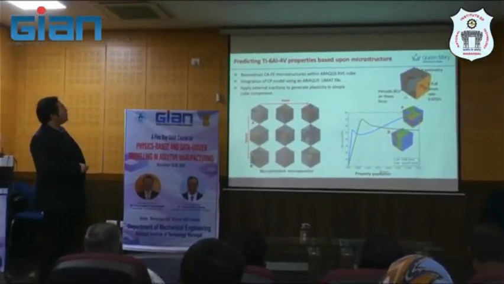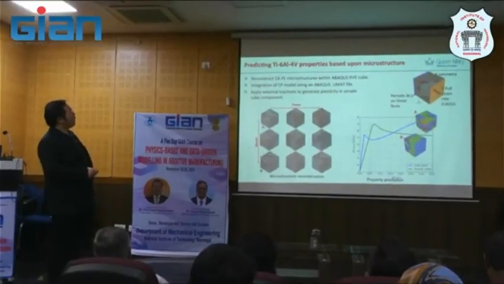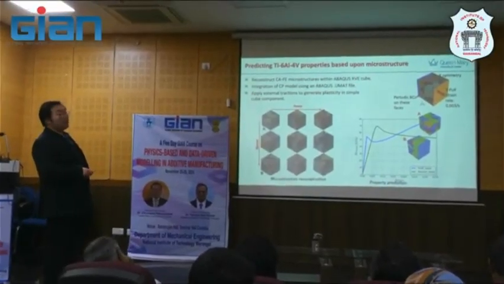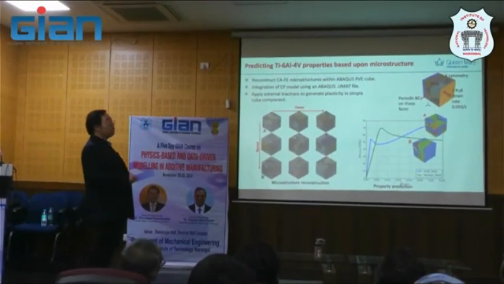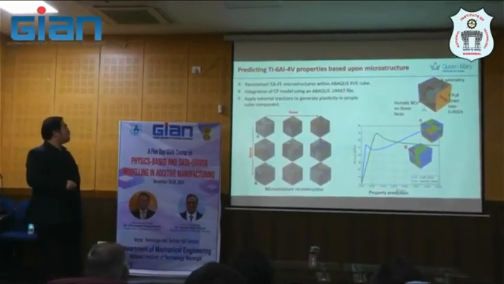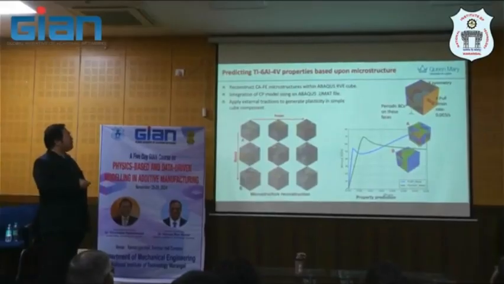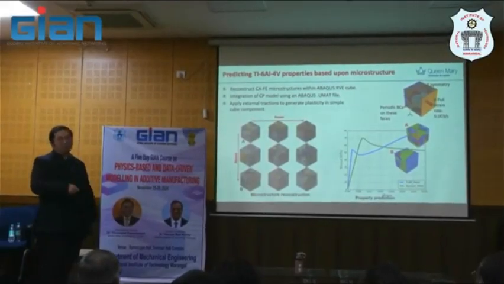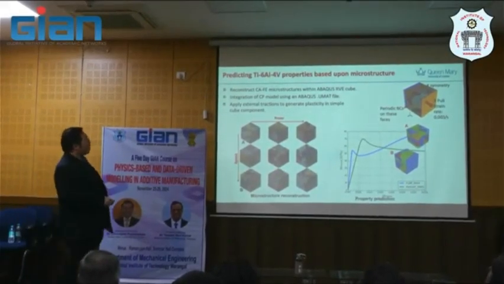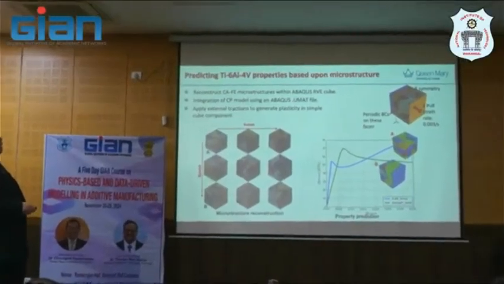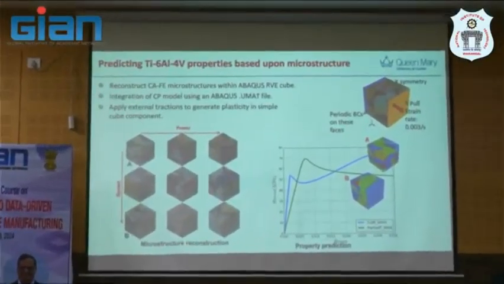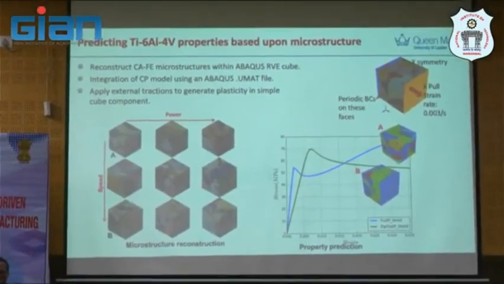So we reconstruct this cellular automata microstructure with an Abaqus RVE using the UMAT, the user-defined material subroutine, and apply the external traction to generate plasticity in a simple cube component. We have the microstructure, and then we apply the boundary condition based on the global model I mentioned earlier.